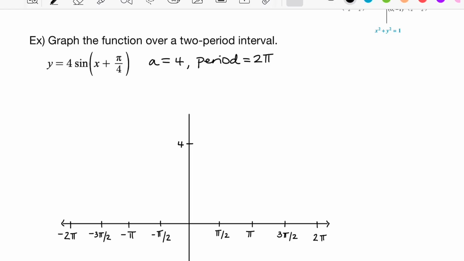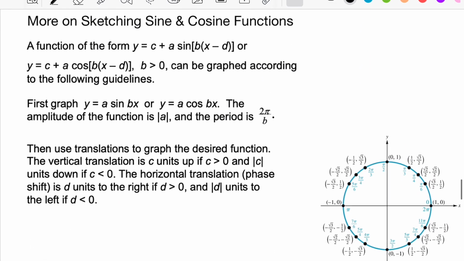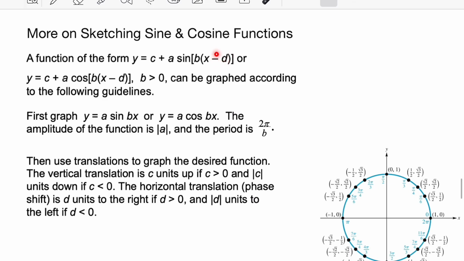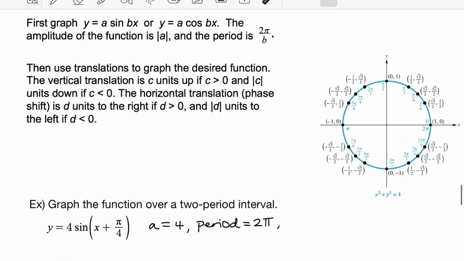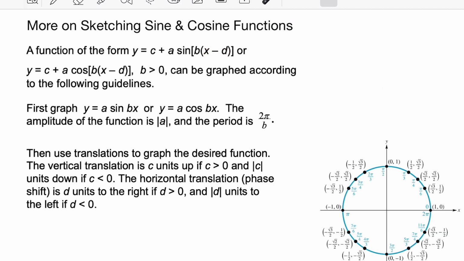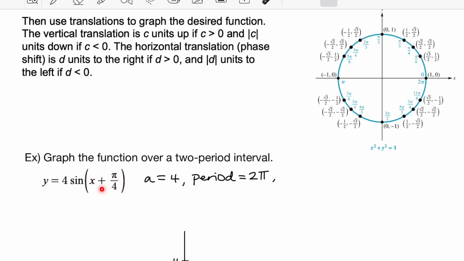We do have a horizontal translation given by pi over 4 here, and that in our form is given by d here. Now in this case, the form of our graph is x minus d, but here we have x plus pi over 4. So d is pi over 4, but in this case it will be negative, because we would need a negative pi over 4 in order to make this a positive.